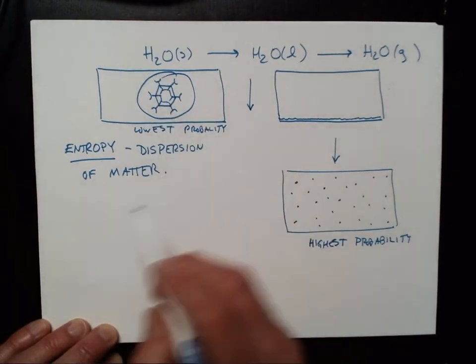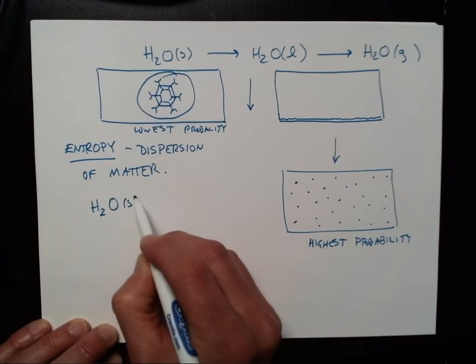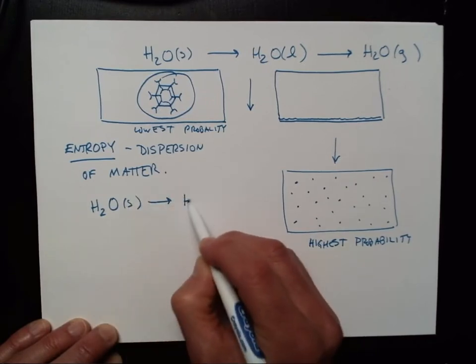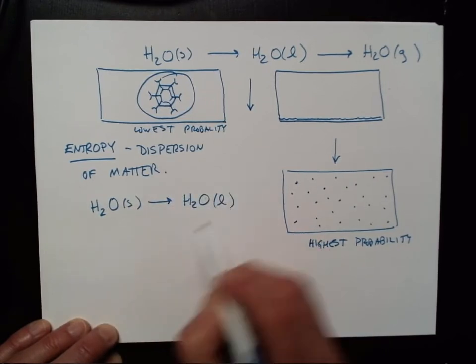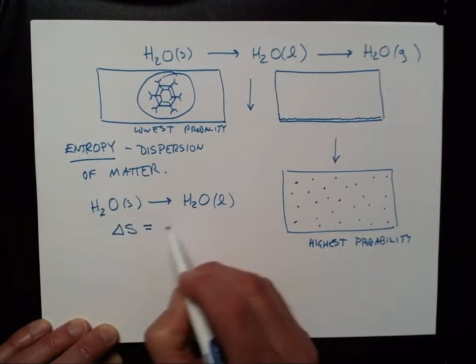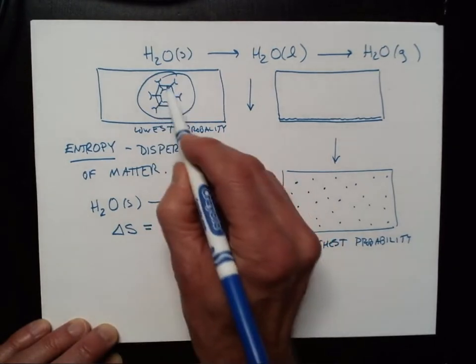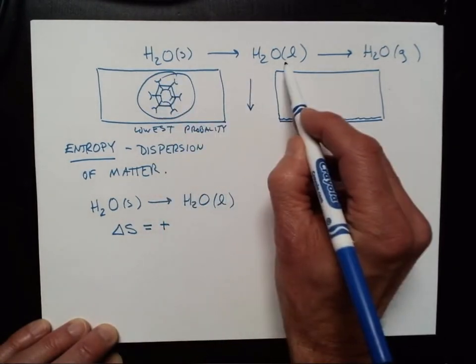And so what we see for a process in which we go, for example, from a solid to a liquid, let's see, delta S for that is going to be positive. The change in entropy, the change in probability, goes up as I go from solid to a liquid.